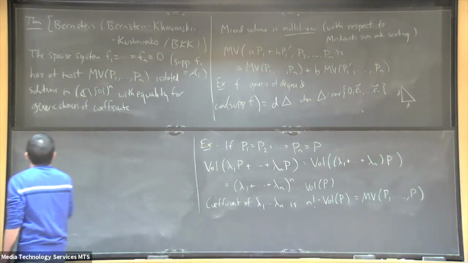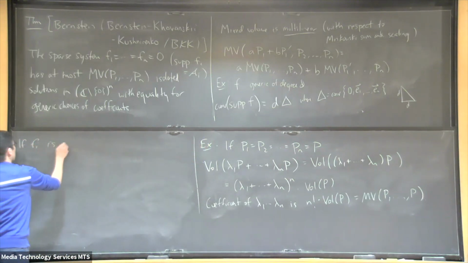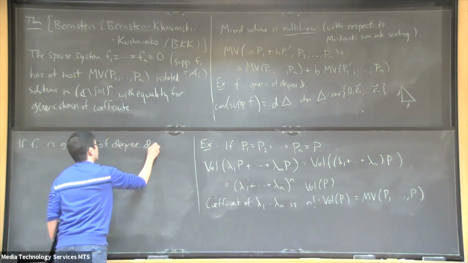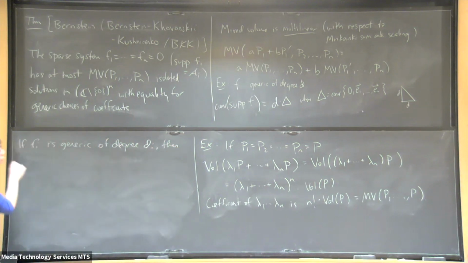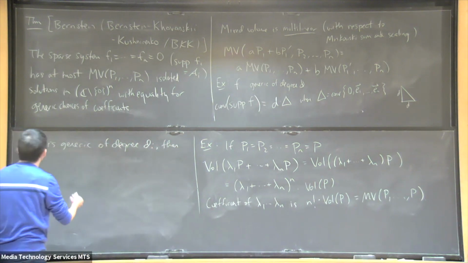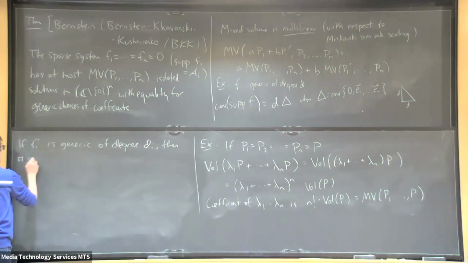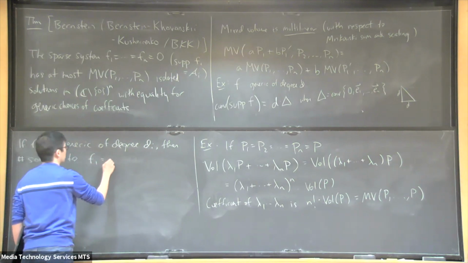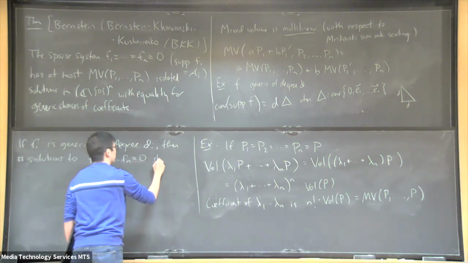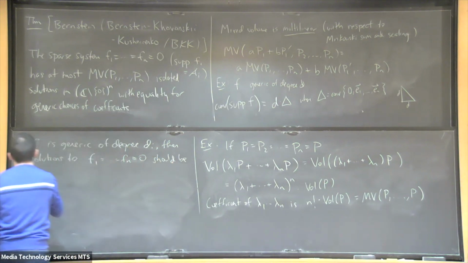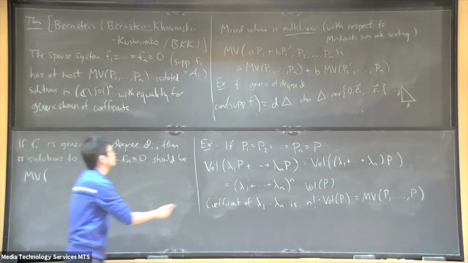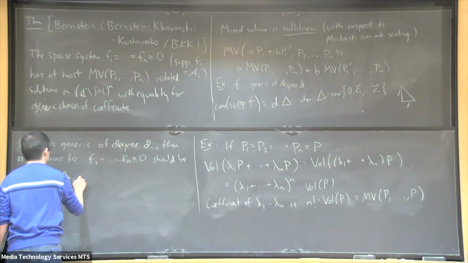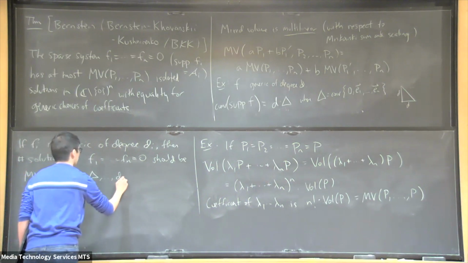So if fi is generic of degree di, then the number of solutions to the system should be just the mixed volume of d1 delta, d2 delta, and so forth, dn delta.